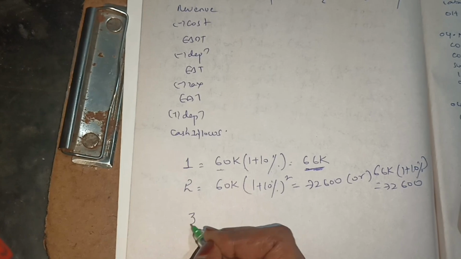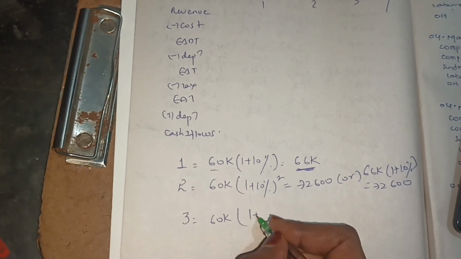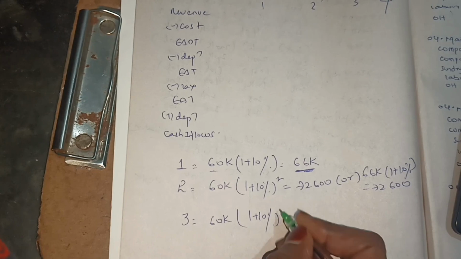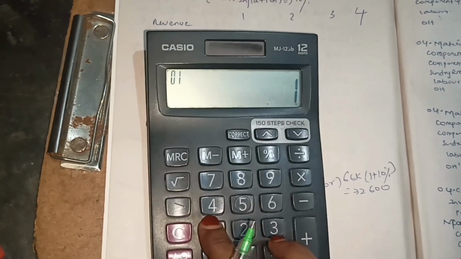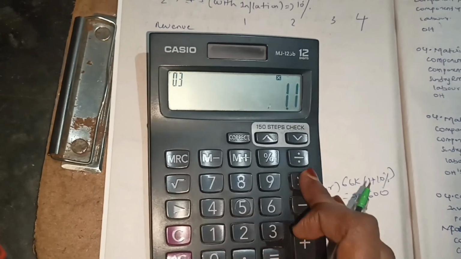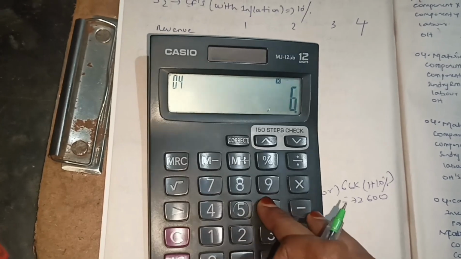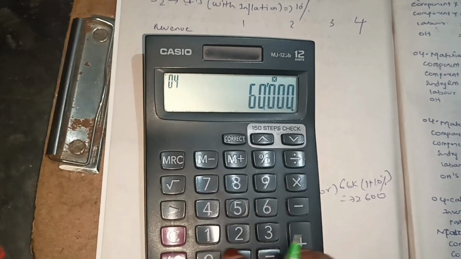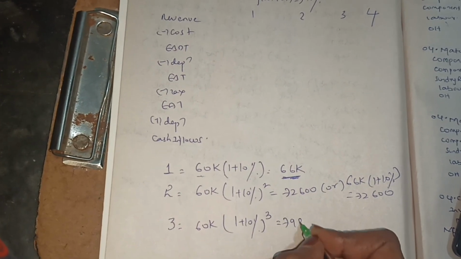And third year revenue will be 60,000 into 1 plus 10% whole cube. 1.1 into 1.1 into 1.1 into 60,000. So you will be getting 79,860.